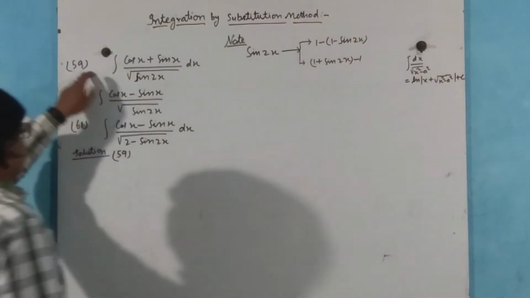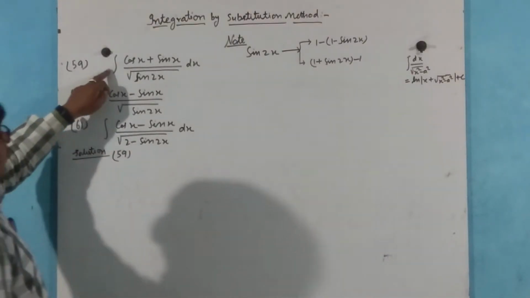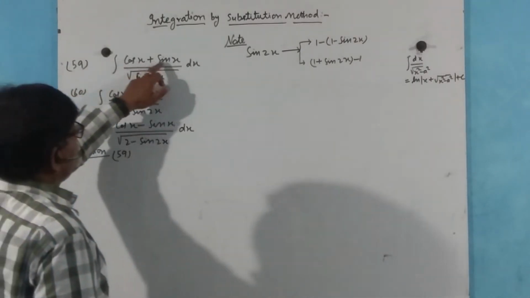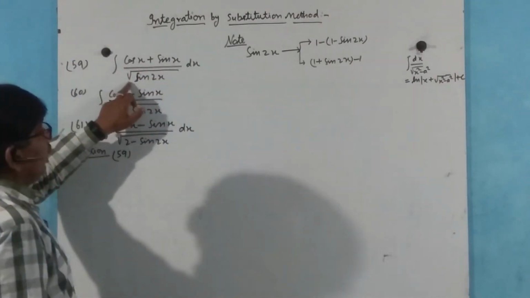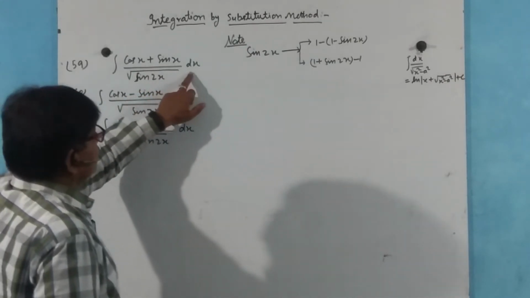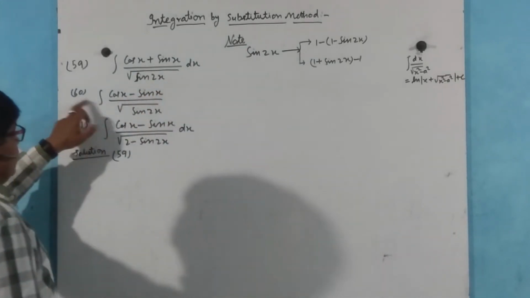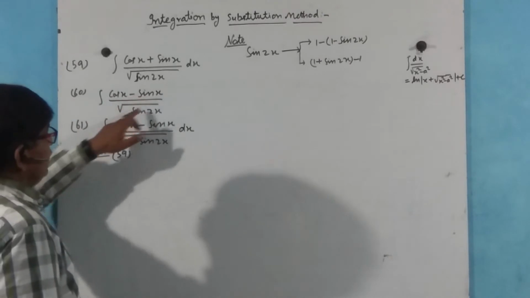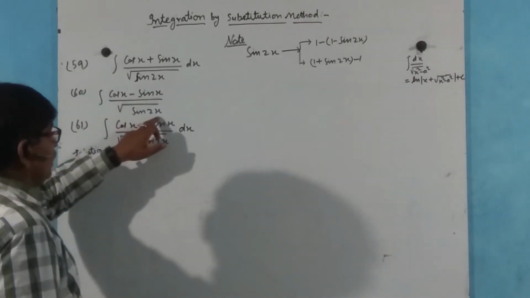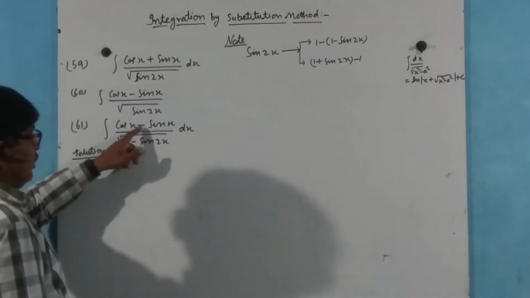Here is question number 59, integration of (cos x plus sin x) divided by under root sin 2x dx. Question 60 is (cos x minus sin x) divided by under root sin 2x, and here also negative.